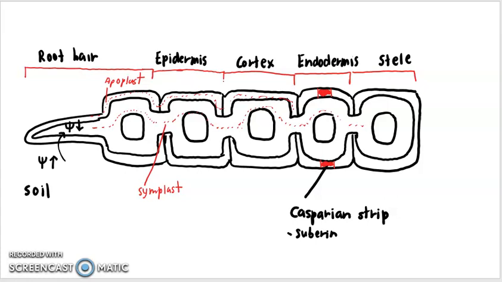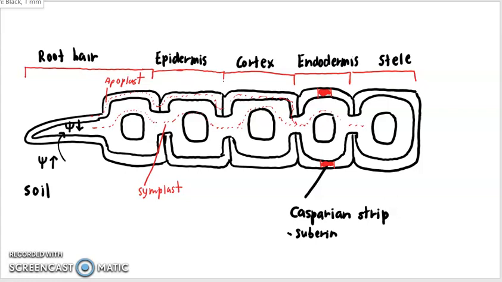Why is it blocked? Because the Casparian strip contains suberin, whose characteristic is waterproof, meaning it is impermeable to water. That's why water cannot move through the Casparian strip. So the water movement from the apoplast pathway is continued by the symplast and also the vacuolar pathway.